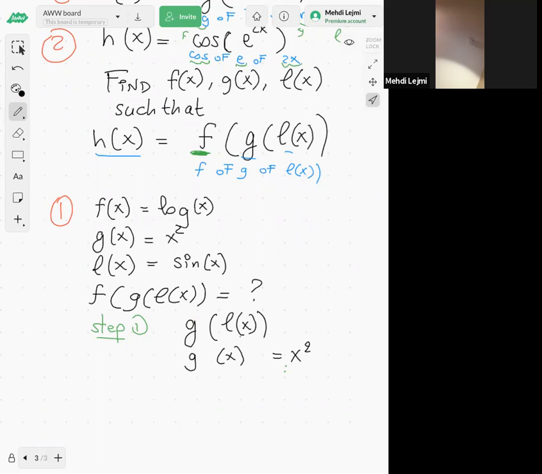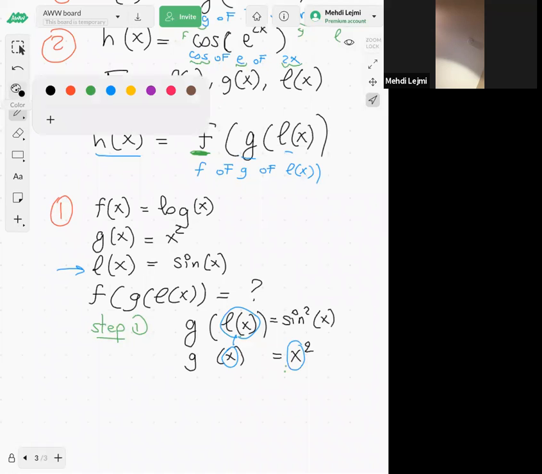So what would be g of L of x? We have to substitute x by L, and L is sine of x. So that will be sine square of x. That's g of L of x.